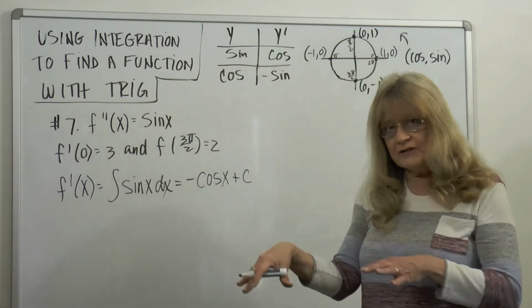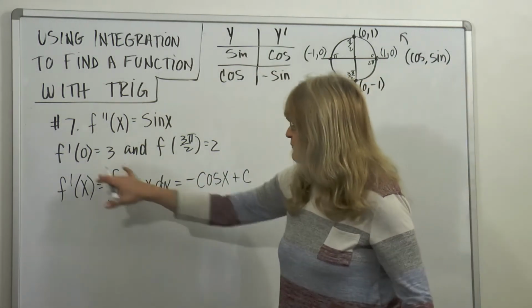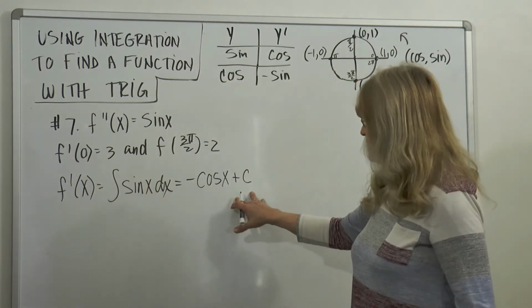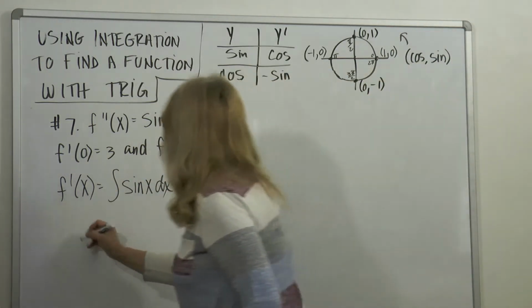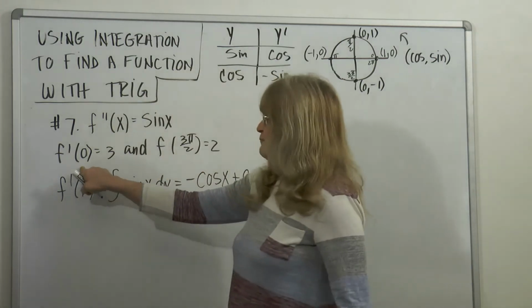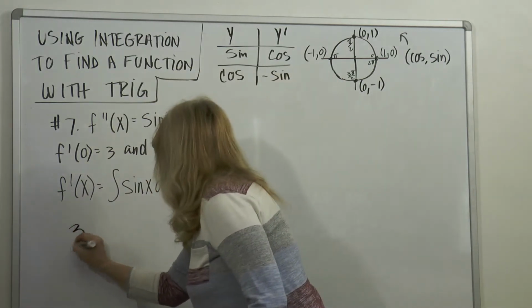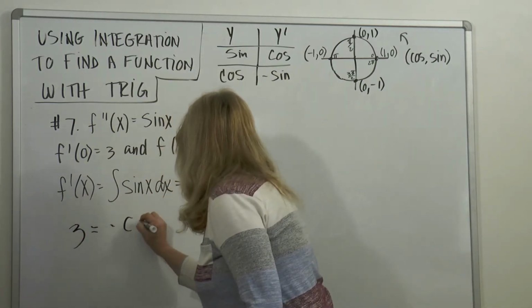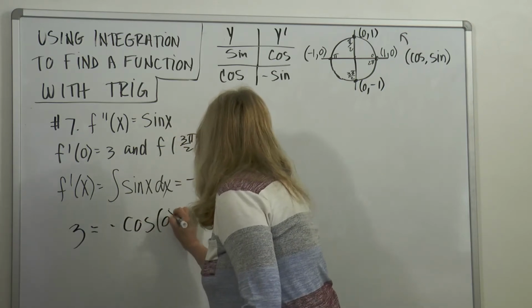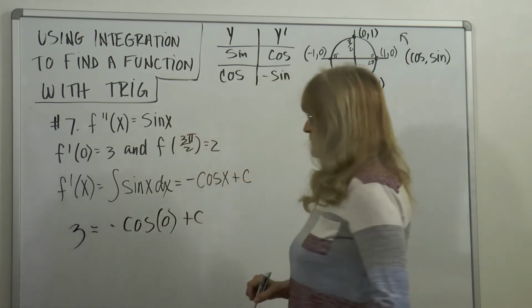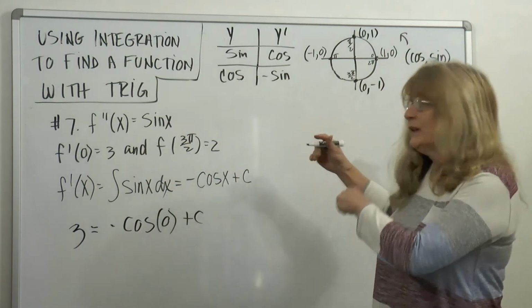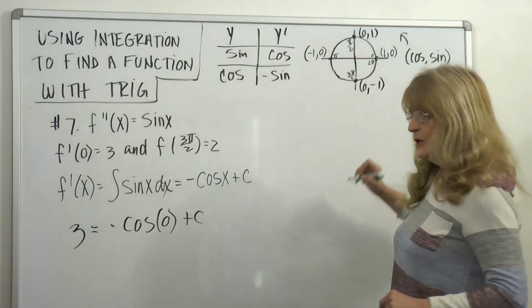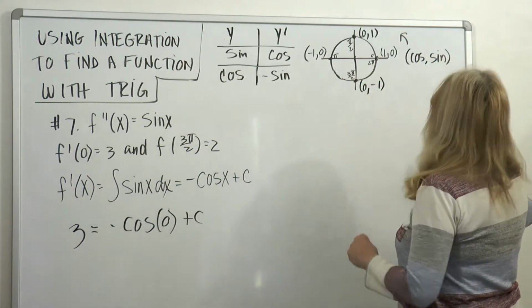Okay, now just like with the other ones, I need to use this information to find out what that c equals. So this tells me f prime of 0 equals 3. So 3 is going to equal the negative cosine of 0 plus c. This is where I use my little unit circle thing. Okay, cosine of 0.